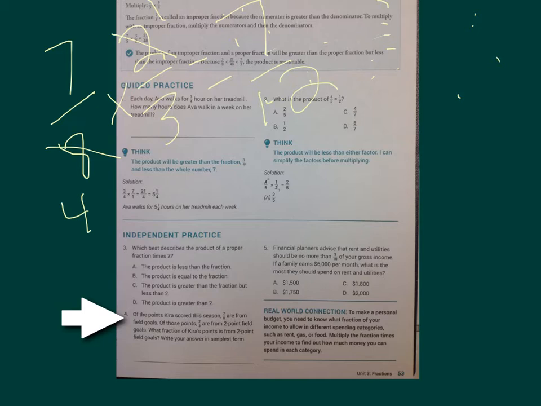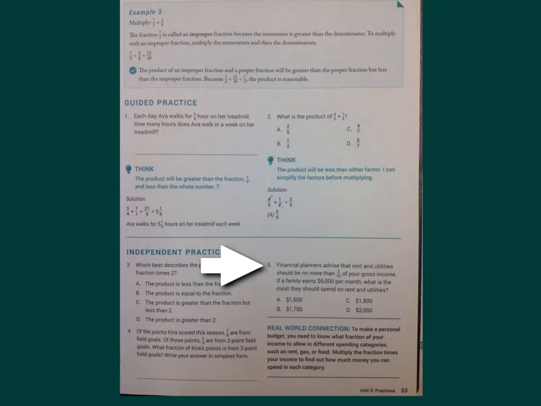Let's go to number 5. It says, financial planners advise that rent and utilities should be no more than 3/10 of a gross income. If a family earns $6,000 per month, what is the most they should spend on rent and utilities? Okay, so let's work this out.